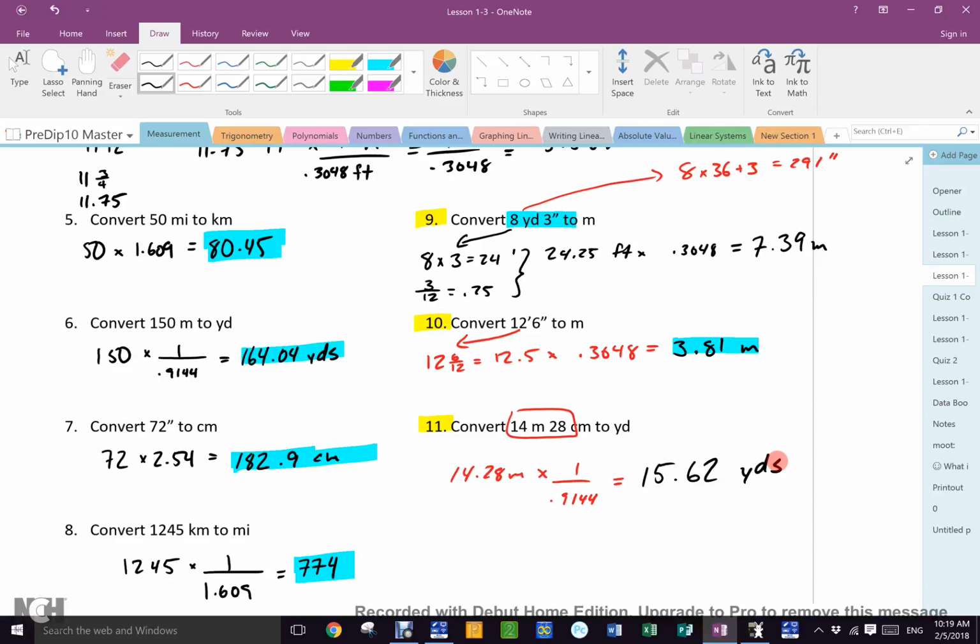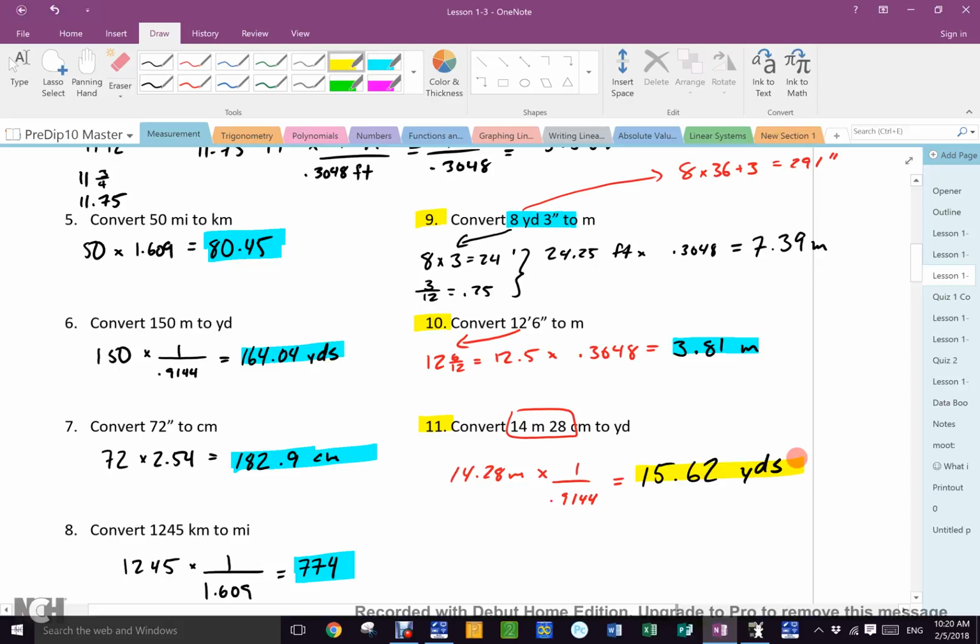You say yes, you say no. In a way, but it's a binary question. If I tell you, go walk 14.28 meters, will you end up 15.62 yards away from me? Yes or no? Absolutely.